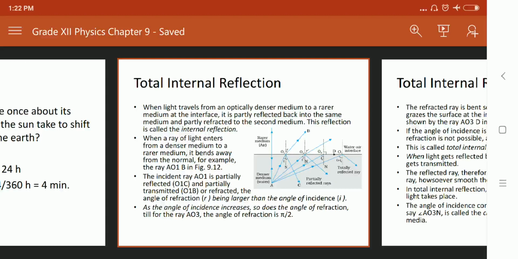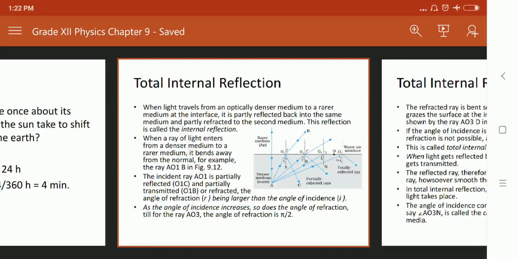Initially, we have taken the AO1 path. Now, increase the incident angle, and the ray reaches the surface at angle i dash at the point O2. So from A to O2, the AO2 path is taken for incidence.